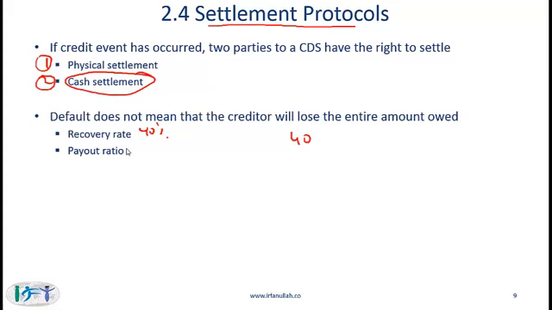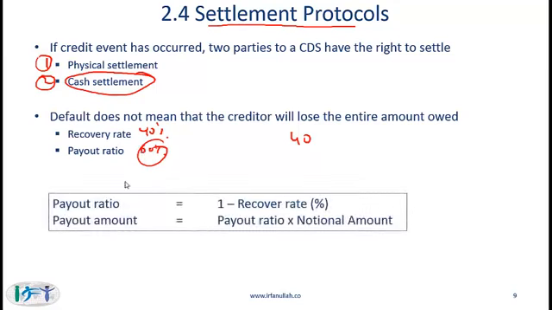Then in the context of the credit default swap, the payment which needs to be made is 60%, not the entire 100%. Note that what is happening here is that the protection buyer is being compensated for the credit loss, the amount that the protection seller will not receive. So let's make this more concrete.